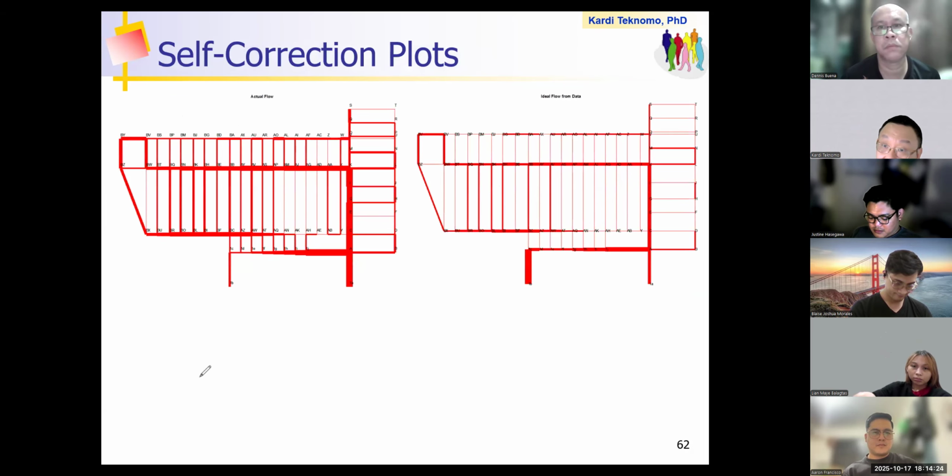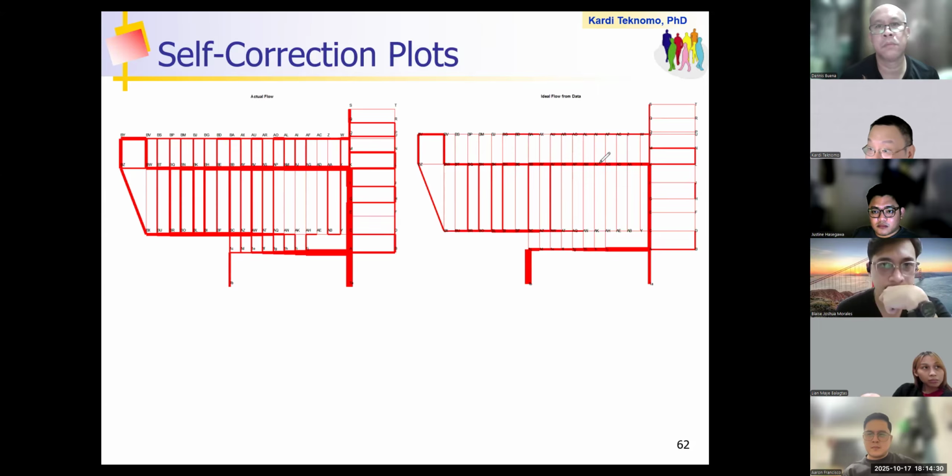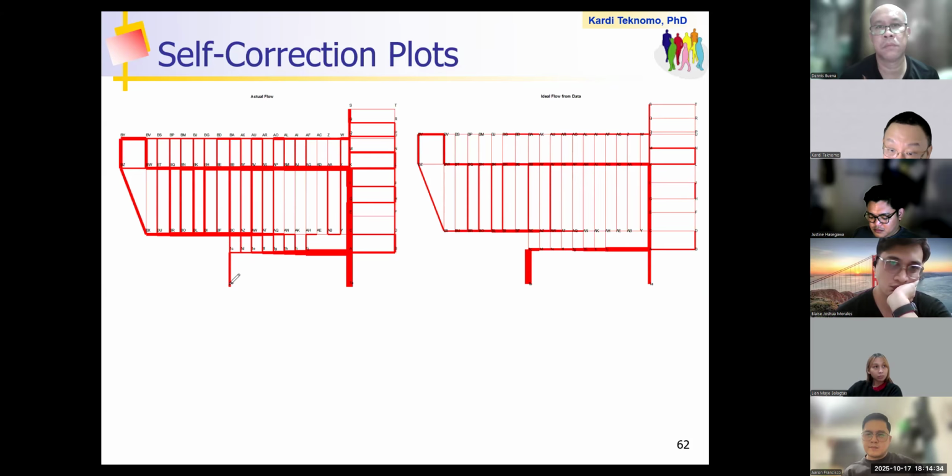Can you see? This is the actual flow on the left, and the right one is the ideal flow. What's the difference? The main difference is here. Why? Because the cloud node is down there.